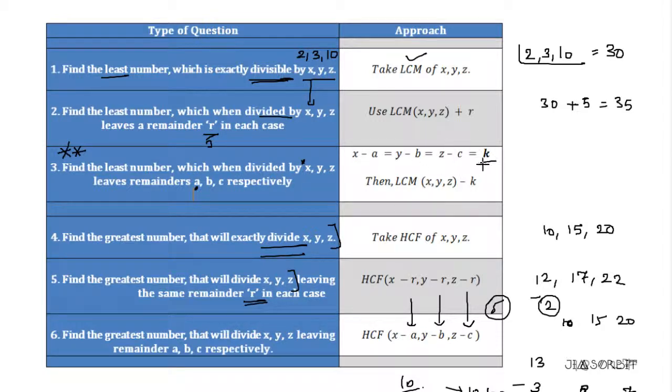If it is the same and it is equal to k, you are going to find the LCM and subtract this k. I have already done this in the miscellaneous, and I'm again telling you, but I'm going to do it on this same question number 5 here. We are going to check whether the difference of the number and the remainder are the same or not. If they are the same, we consider that as k, find the LCM, and subtract this k.